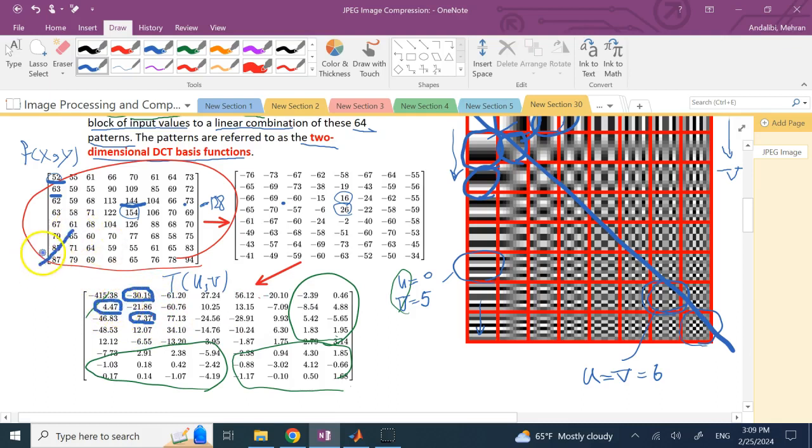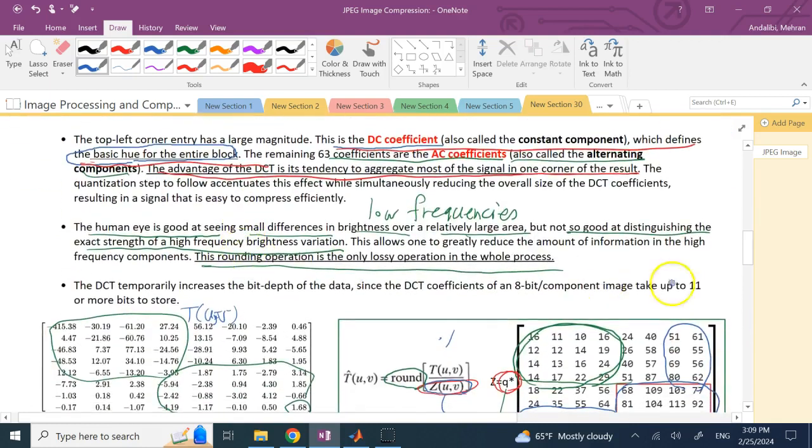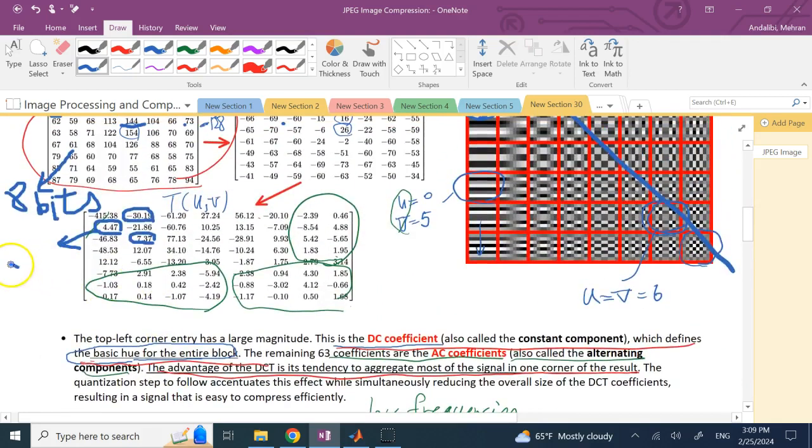So these guys I can store with 8 bits, but these guys I cannot simply store with 8 bits. They need more than 8 bits, we need up to 11 bits or more sometimes to store them. So this is bigger than or equal to 11 bits to store them.